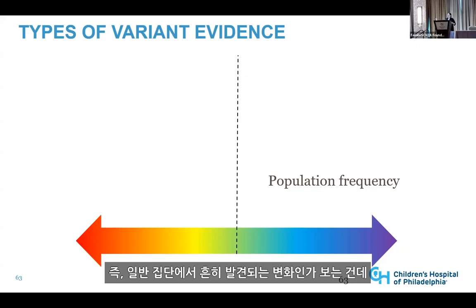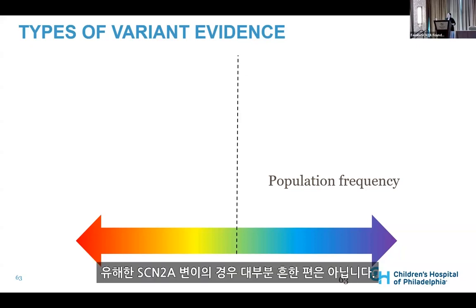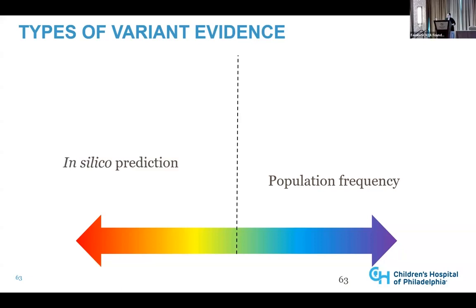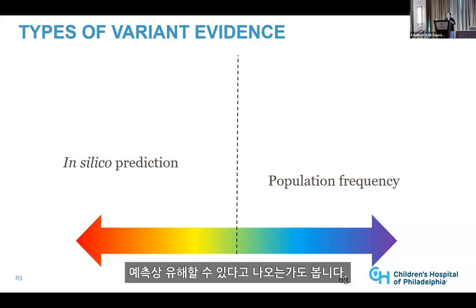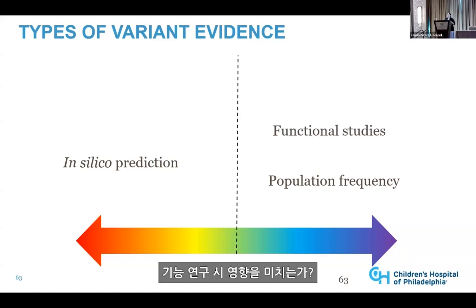Is this change found commonly in the general population, which is really not the case for most SCN2A changes that are harmful? If we look at computer modeling of a variant and the predicted effects, does this prediction show that this variant may be deleterious? If we do functional studies, is there an effect? And if so, what is that effect?